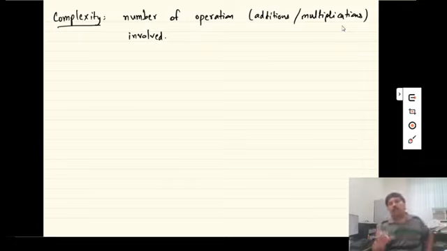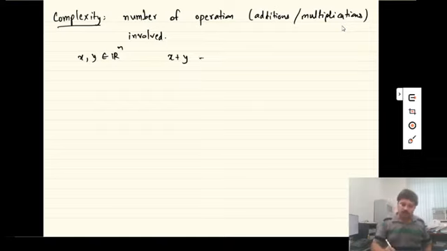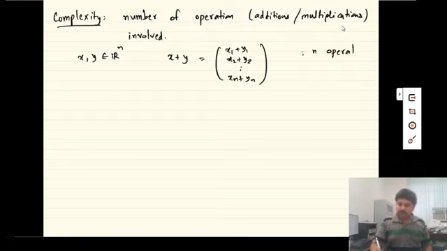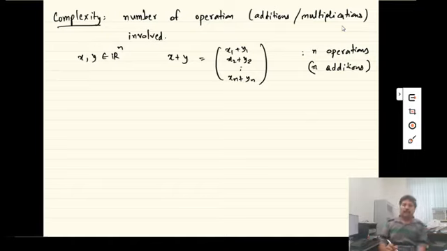We will only look at the complexity in terms of number of operations, which are nothing but additions and multiplications. So if x and y are two vectors in Rn, then in order to perform x plus y, how many operations are required? So x plus y is indeed x1 plus y1, x2 plus y2 and xn plus yn, right? So there are only n operations. What are those n operations? n additions basically, correct? So n additions are required.